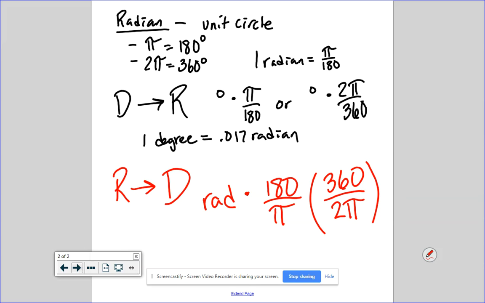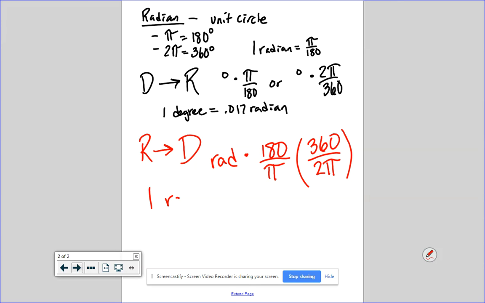So, working backwards, 1 radian is approximately 57.3 degrees, which you can get by taking 180 and dividing by pi, because pi is 3.14.